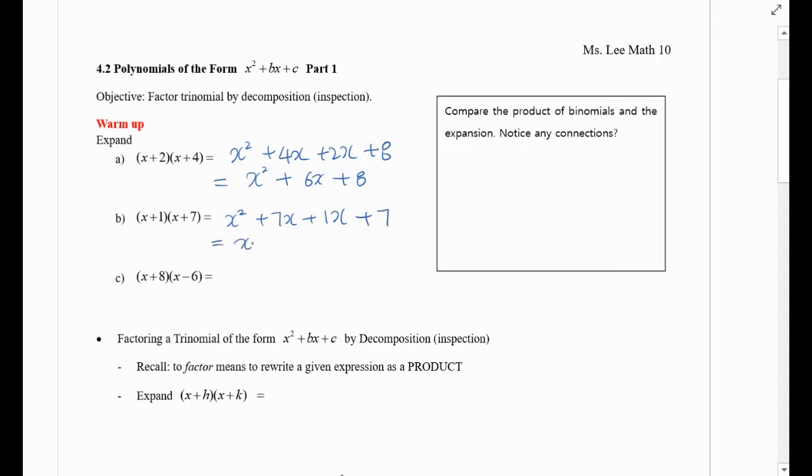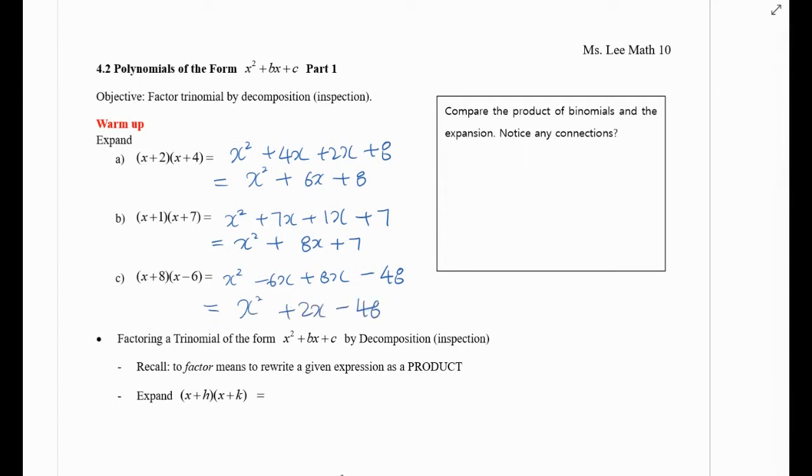And combine the like terms: x squared negative 6x plus 8x minus 48. Combine the like terms, then x squared plus 2x minus 48.